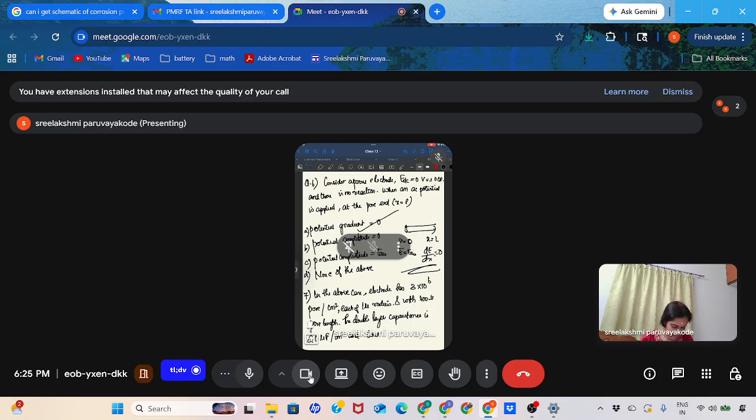And the conductivity of the solution is 15 ohm centimeter. The resistance of the solution is 10 ohm.